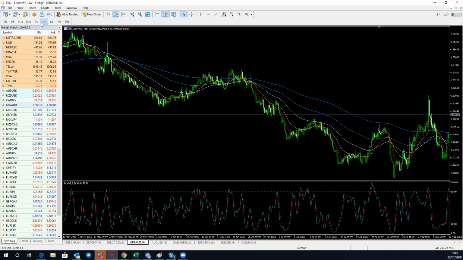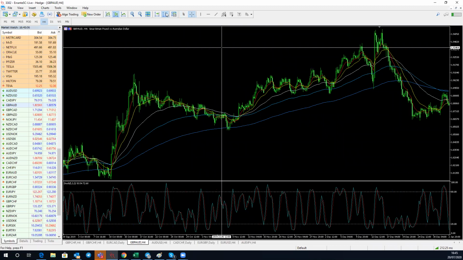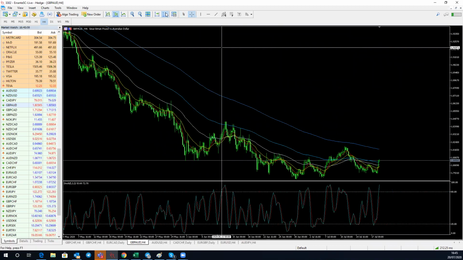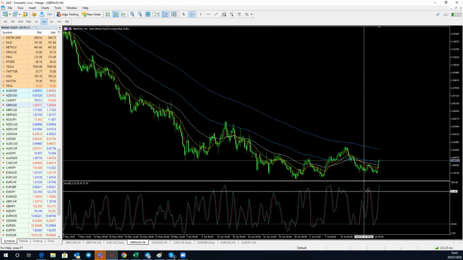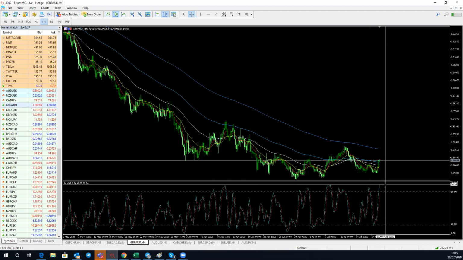Because if you go to the daily, yeah. The daily has got a bit of a divergence going on because you got this peak here going up, but this no divergence is going up as well.